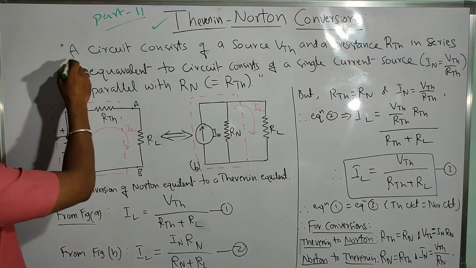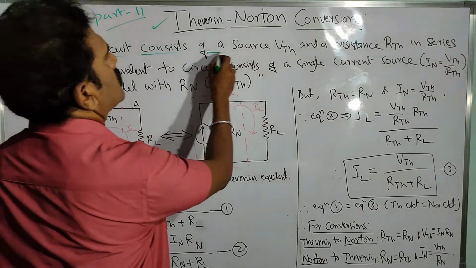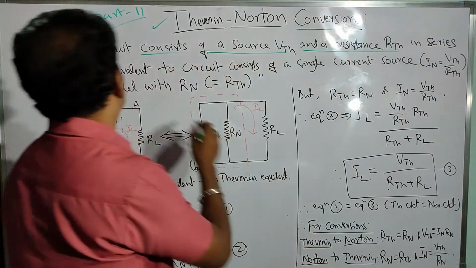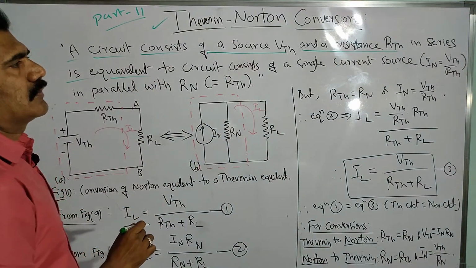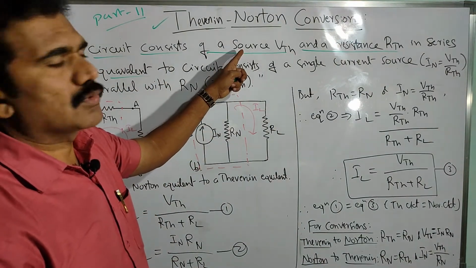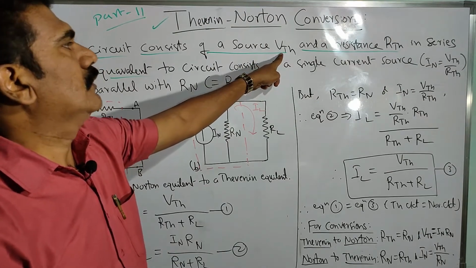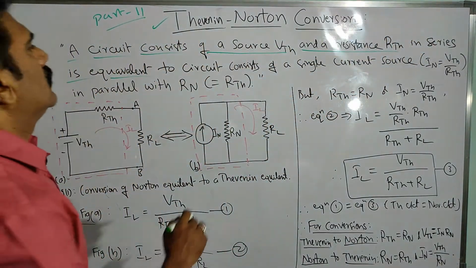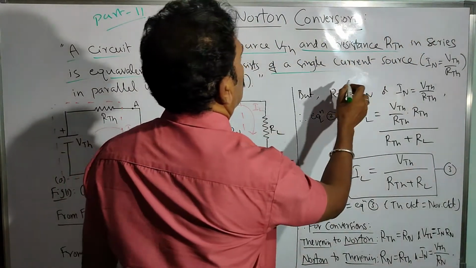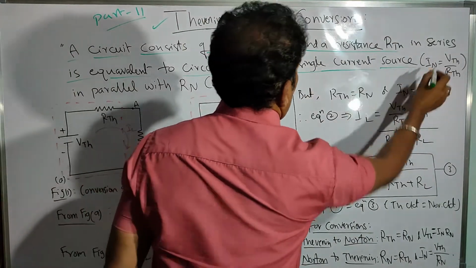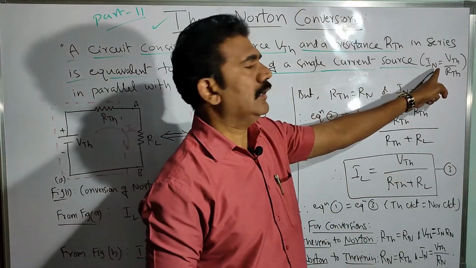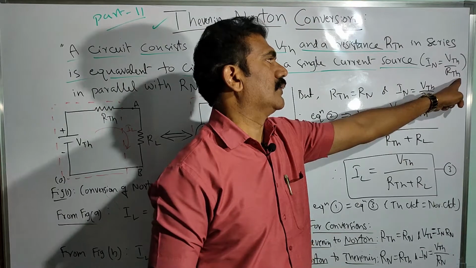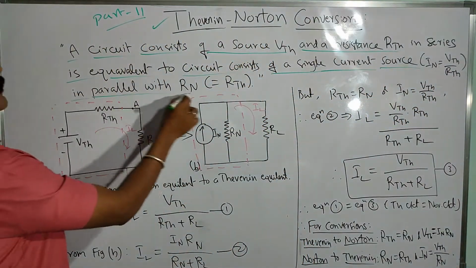Just look at the statement first. A circuit consisting of a source VTH and a series resistance RTH is equivalent to a circuit consisting of a single current source whose current must be equal to VTH by RTH, according to Ohm's law, in parallel with Rn.